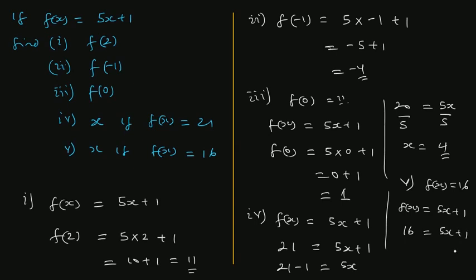We want to find x, so we collect like terms, bring this one this side, so it will be 16 minus 1, which is 5x, giving you 15 equals 5x. Divide by 5, divide by 5, and x will be equal to 3, because 15 divided by 5 is 3.